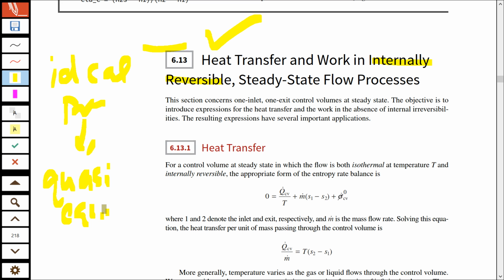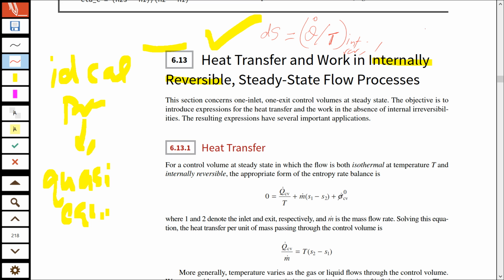And if you remember, I have been telling you that whenever you have an internally reversible process, there is a specific relationship between heat transfer and entropy. So entropy ds is related to heat transfer by this formula, Q dot over T, and you write here internally reversible.